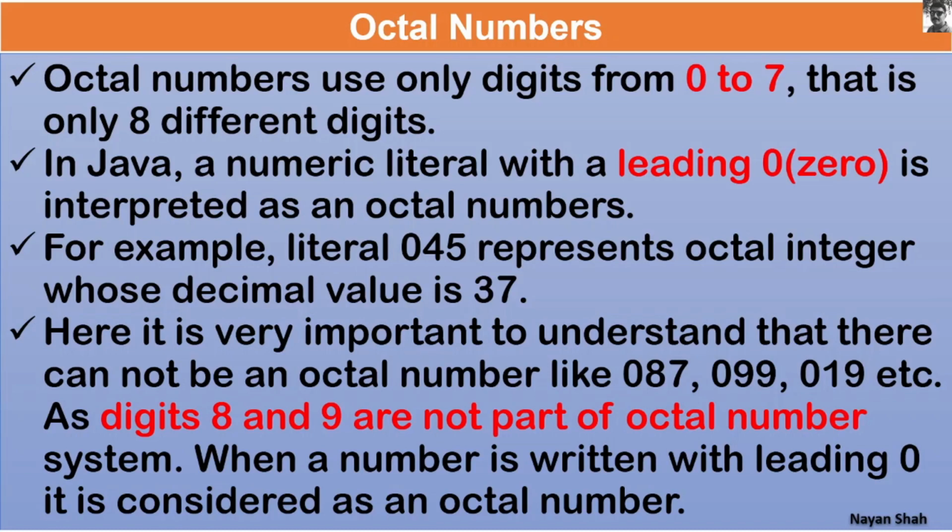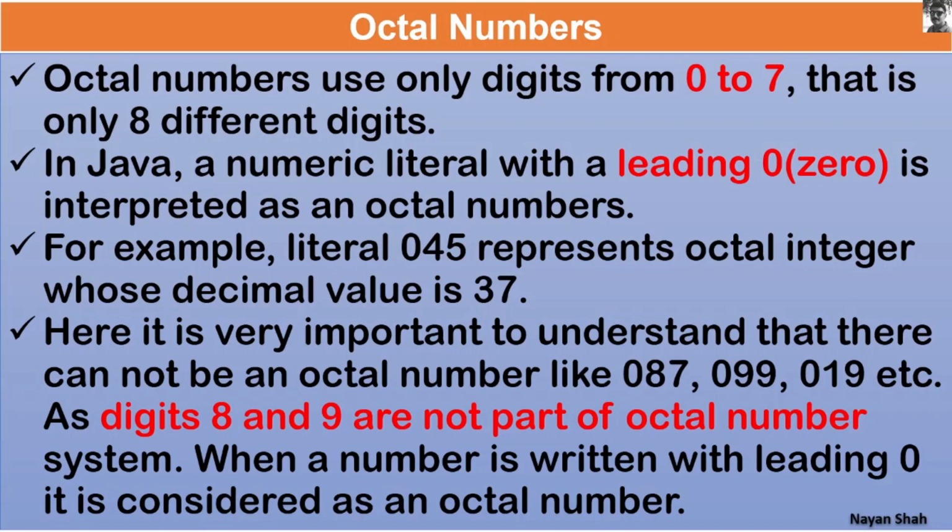For example, if you write 045 somewhere in your program, then that 045 is not considered as number 45, but as octal number 045, whose decimal value is 37. That is, in our number system it is equal to 37, but in octal it is written as 045.